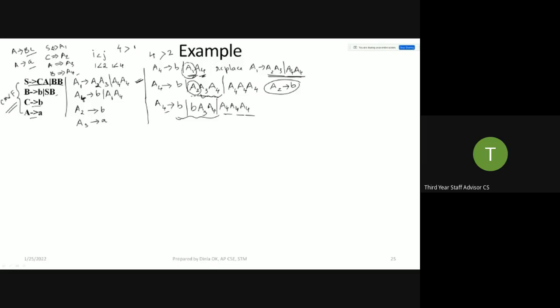When I equals J, the same non-terminal is repeating on the left side of the right hand side term; the leftmost non-terminal is again the non-terminal here. So we can say that it is left recursive, because while generating the parse tree, A4 will keep repeating. So we have to eliminate this left recursion.